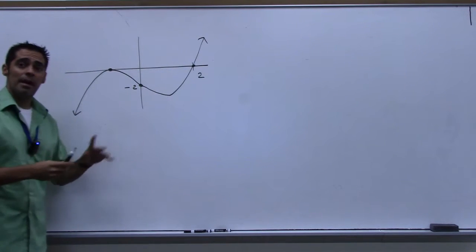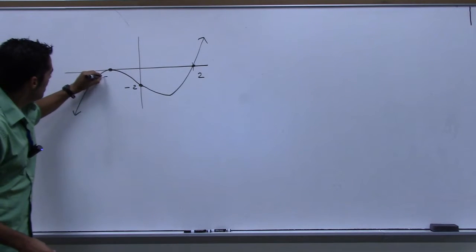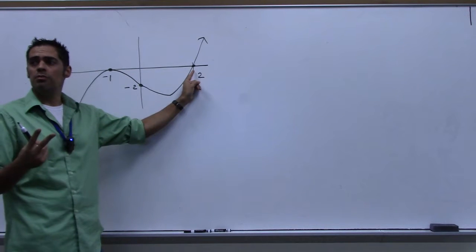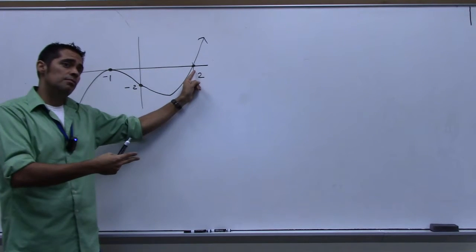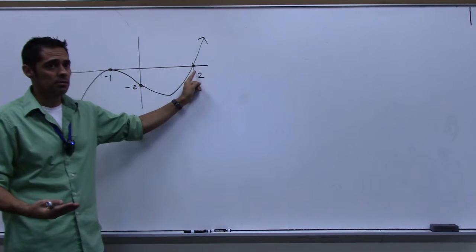So let's just talk about each of these things. I have an x-intercept at -1, don't I? And it touches, which means that the factor this comes from must be raised to an even power. Understand? This x-intercept of 2 crosses, which means that the factor that it comes from must be raised to an odd power.